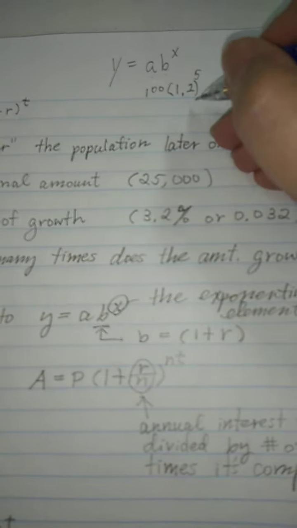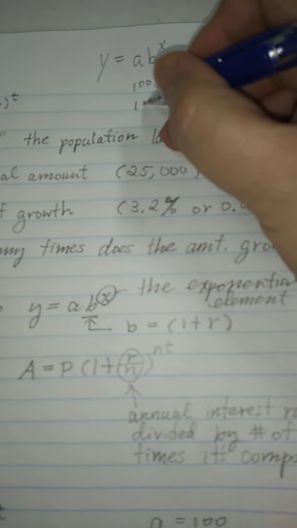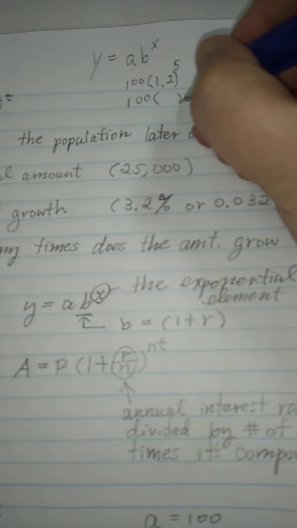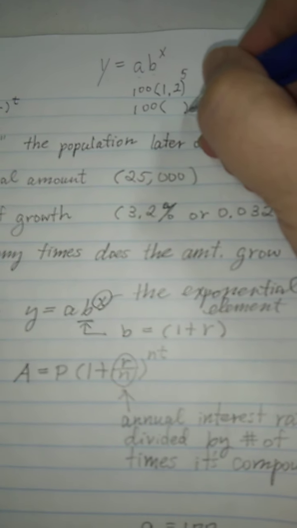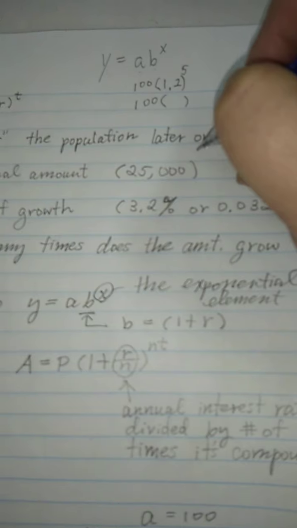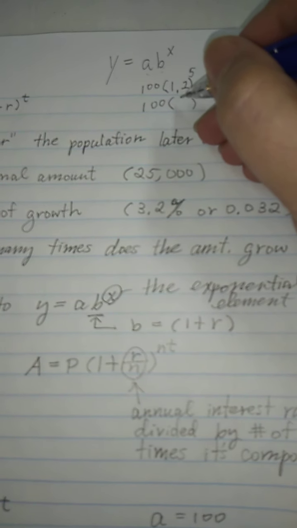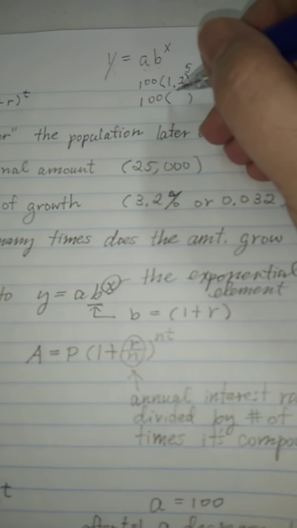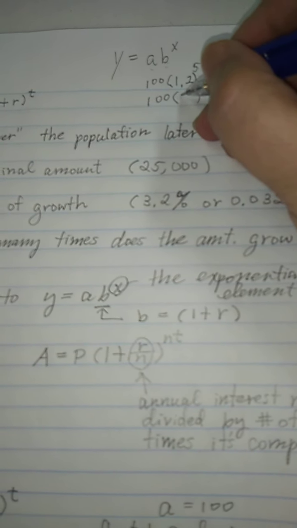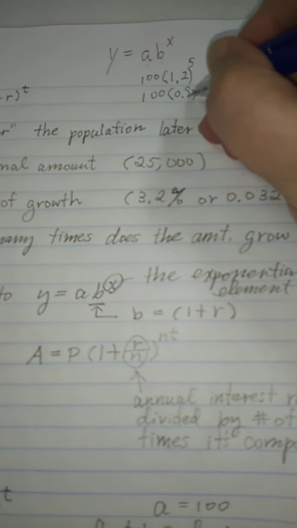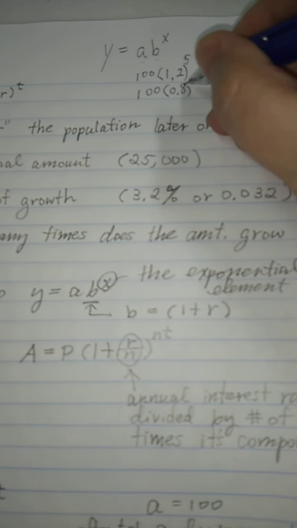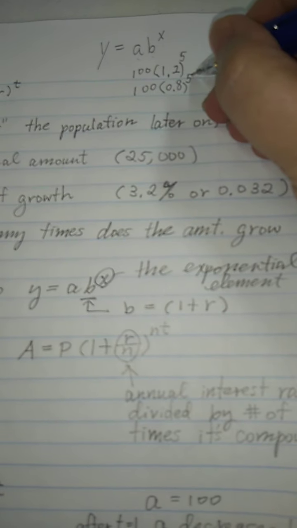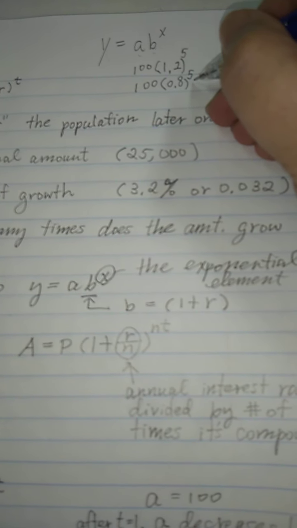If the question is one of decay and you start with 100 also, then you're going to have to multiply it by a number that's less than 1, because if you multiply by less than 1, then it goes down in number. So let's say that you were decreasing or depreciating by 20% each time. Then you will end up with 0.8. And if you were doing that over 5 times, then this will be your exponent.